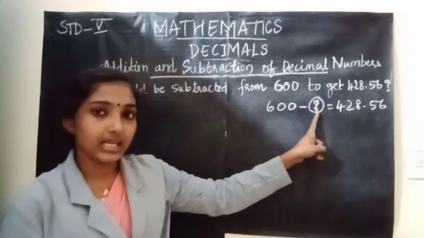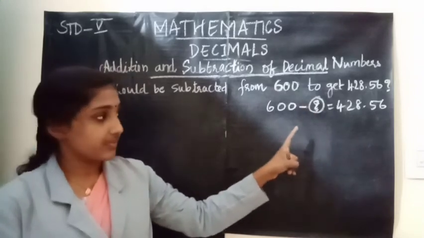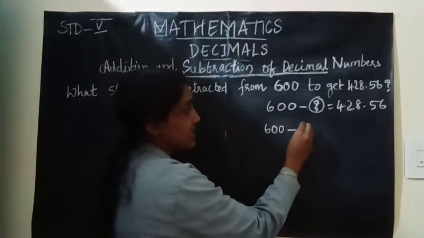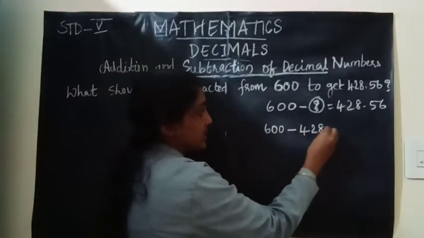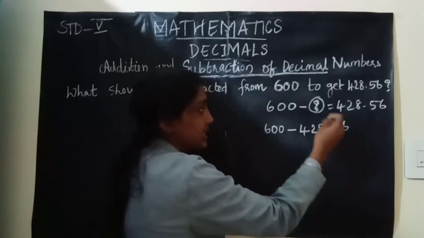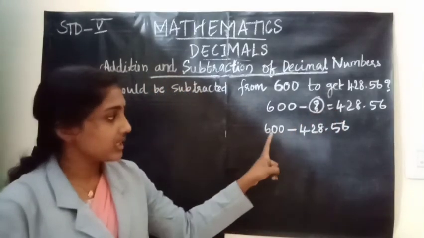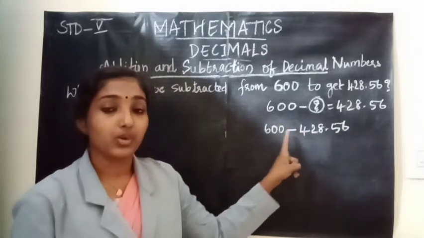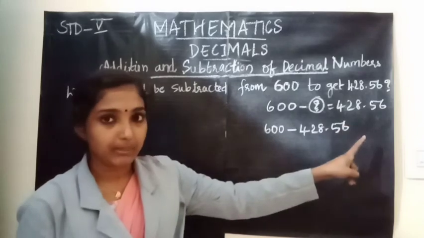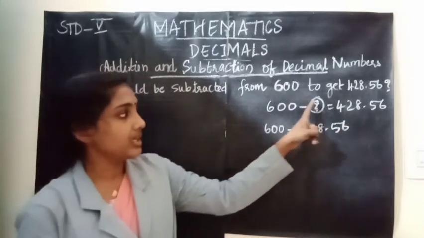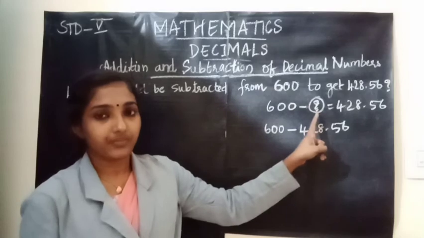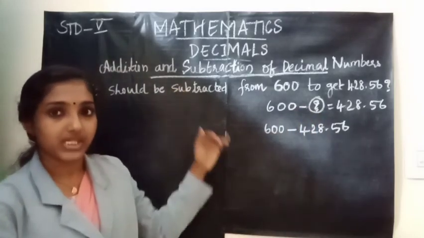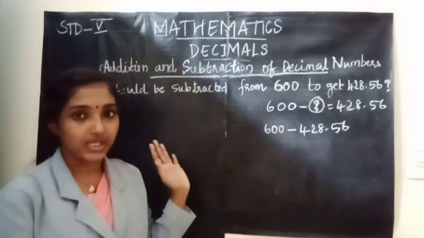To get that number, we have to subtract 428.56 from 600. So on doing the subtraction, we will get a number, and that number will be the answer here.